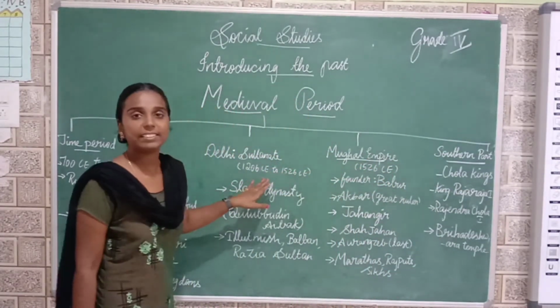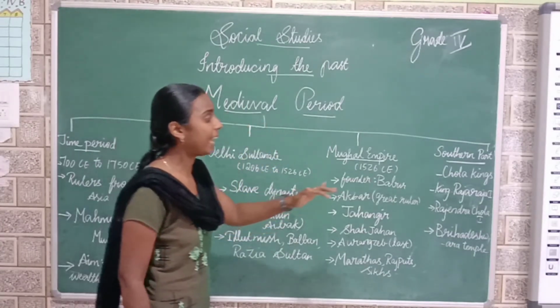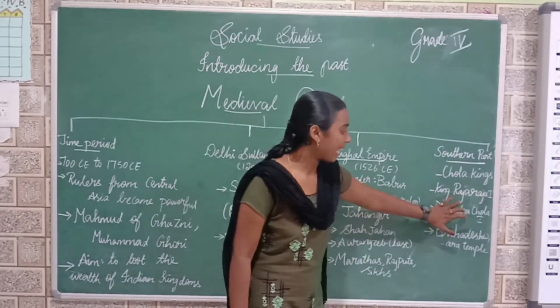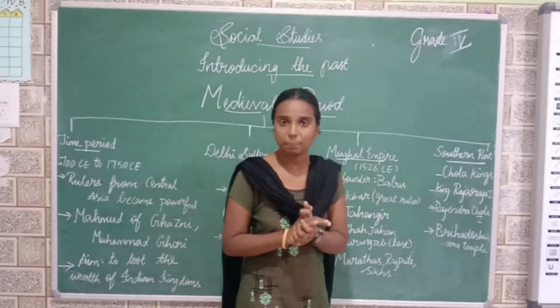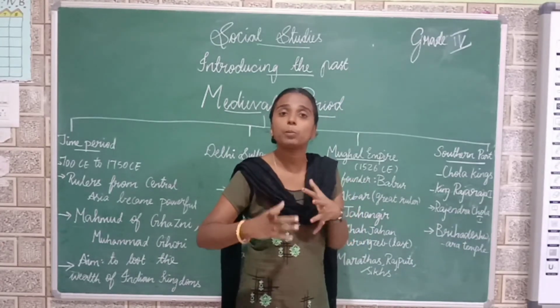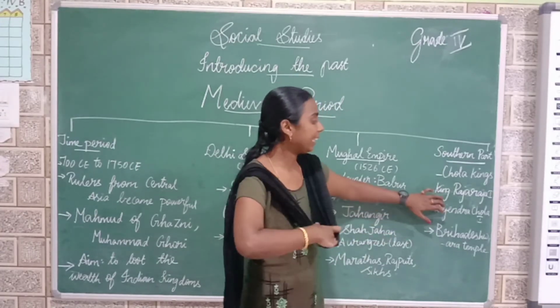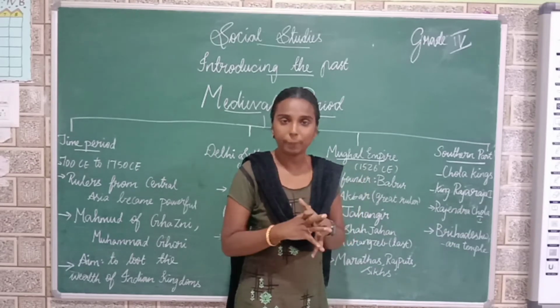These are the things that were happening in the northern part of India, and in the southern part of India, Chola kings were ruling. And among them, King Rajaraja I and Rajendra Chola I were most powerful, because they gave more importance to art and architecture. So see, King Rajaraja I and his son Rajendra Chola I were more powerful.